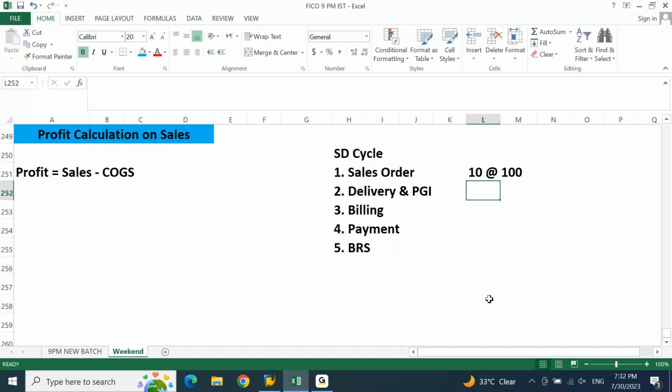This is related to billing, not the delivery, because delivery is about quantity. You're my customer who came to me and told me that you wanted to purchase this item, 10 quantity. Before you place the order, am I going to tell you the selling price or not? When you come to me to purchase a particular product, you tell me, Mr. Ajay, I want to buy this product.